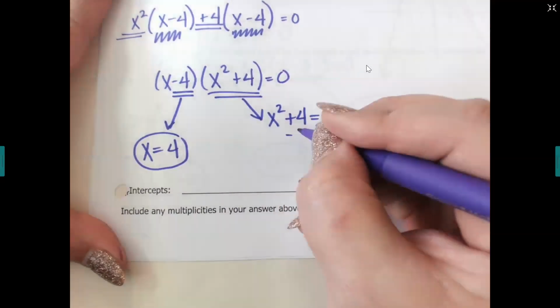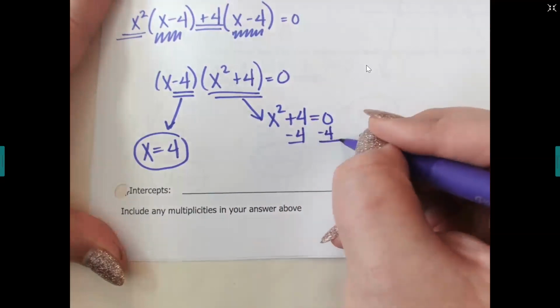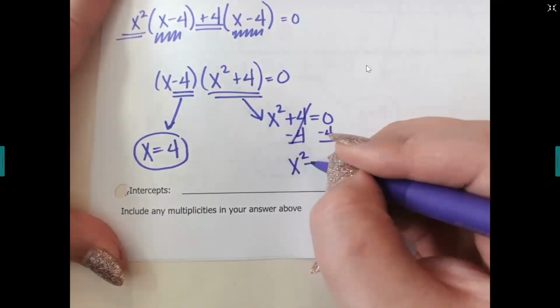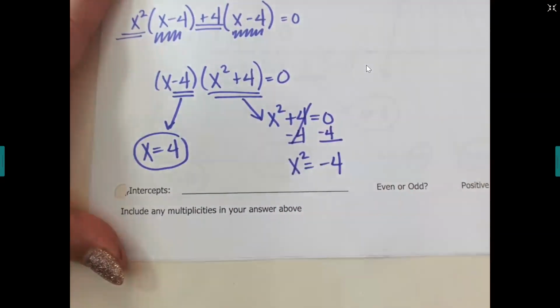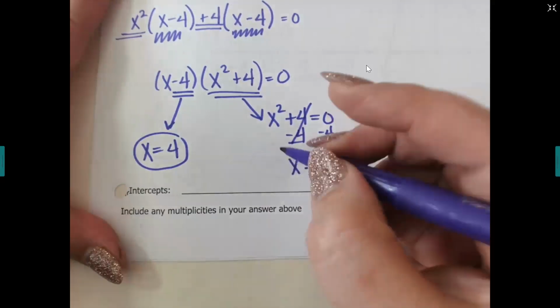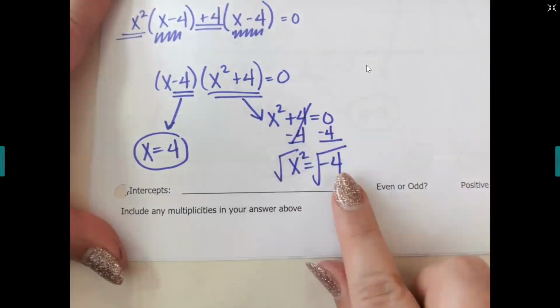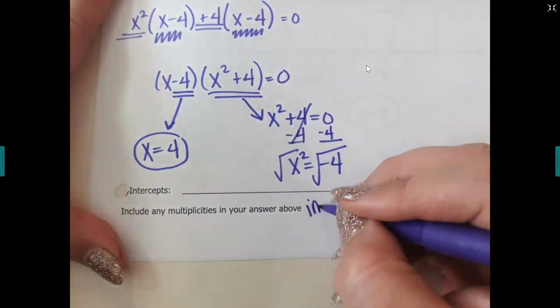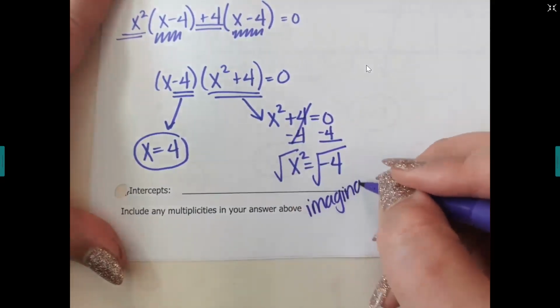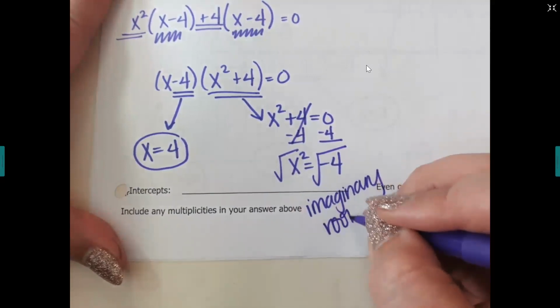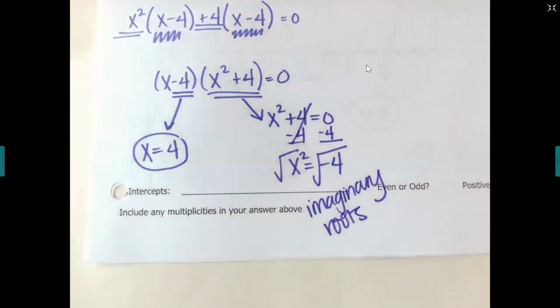Try to subtract it, right? So then I have x squared equals -4. But then what's my next step to solve that? I have to take the square root, and can I square root a negative? That means that your other ones are imaginary. And in your graph, what that looks like is that your graph never makes it back to the x-axis.